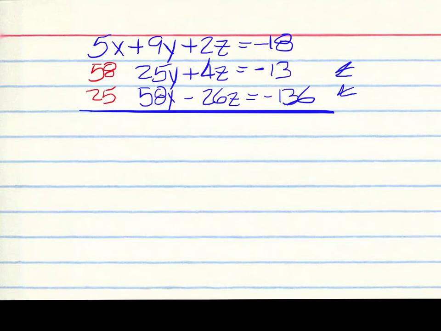So 58 times 25 is going to be 1450y, and then 58 times 4 is going to be 232, and then we'll have 58 times a negative 13. That would be a negative 754.